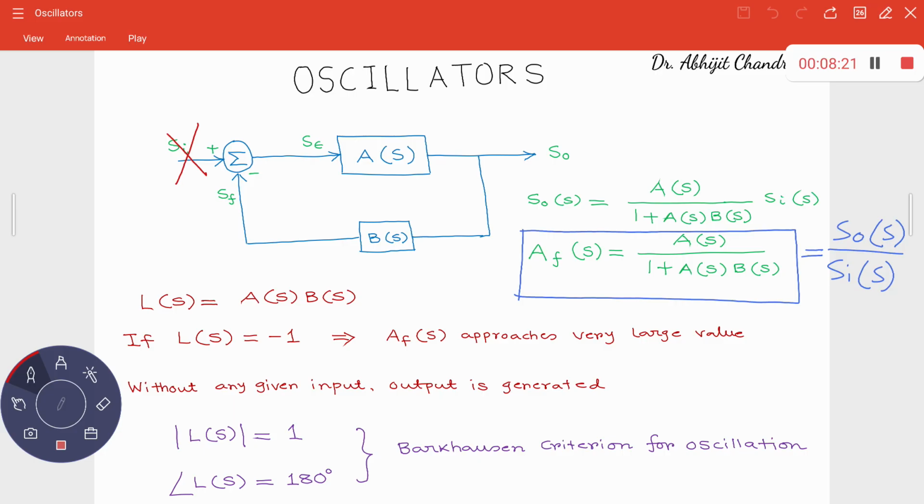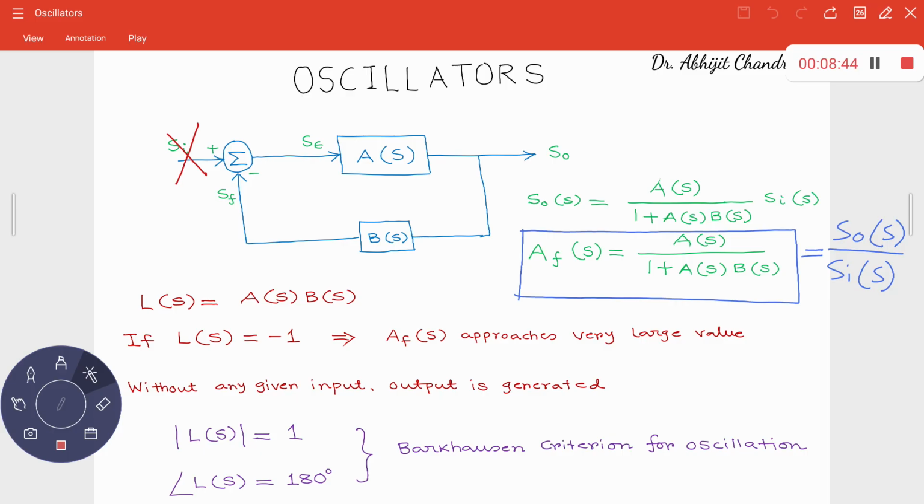for oscillation. If I consider this Barkhausen condition, it has two different parameters. If L of S is equal to -1, that means the magnitude is equal to 1, mod of L(S) is equal to 1. And what about the phase angle?